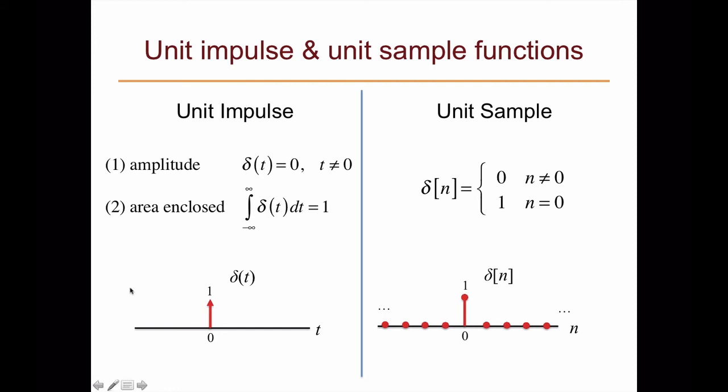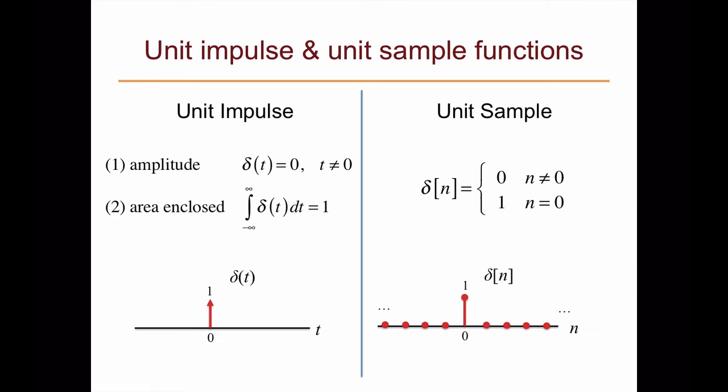So in the continuous time domain, we describe the unit impulse with its properties. That is, in terms of amplitude, the unit impulse equals 0 when t is not 0. But we do not describe it by its amplitude; we describe the impulse by the area enclosed by the impulse, the area under the curve.